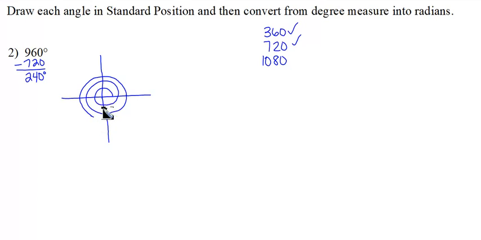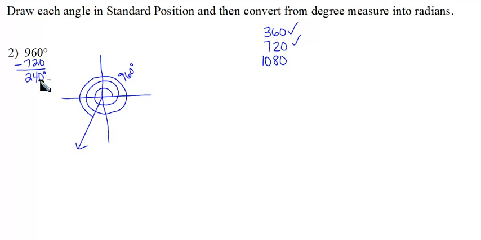Since I stop here, I'm going to connect from the origin to this point so that I can create the terminal side of my angle, and I'll label this 960 degrees. Again, because it was a positive angle, I traveled counterclockwise. If you ever have to graph a negative angle, you will travel clockwise.